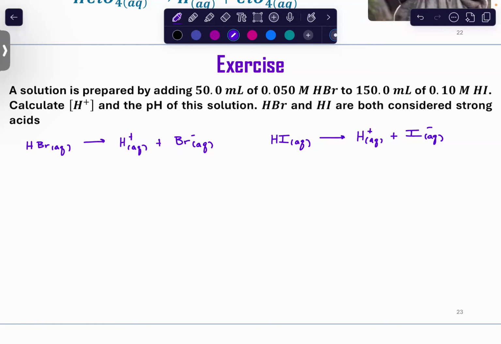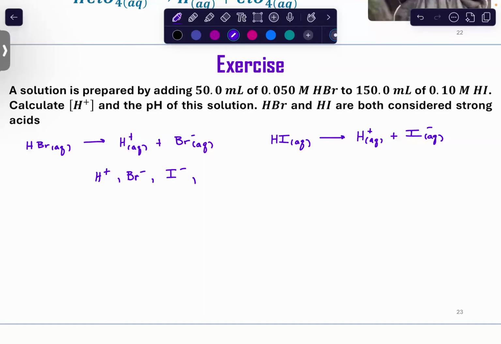Okay, so the major species. Major species are components of solutions present in large amounts. They're the primary components of a chemical reaction. And so our major species, we're going to have H plus, bromide, iodide, what else?